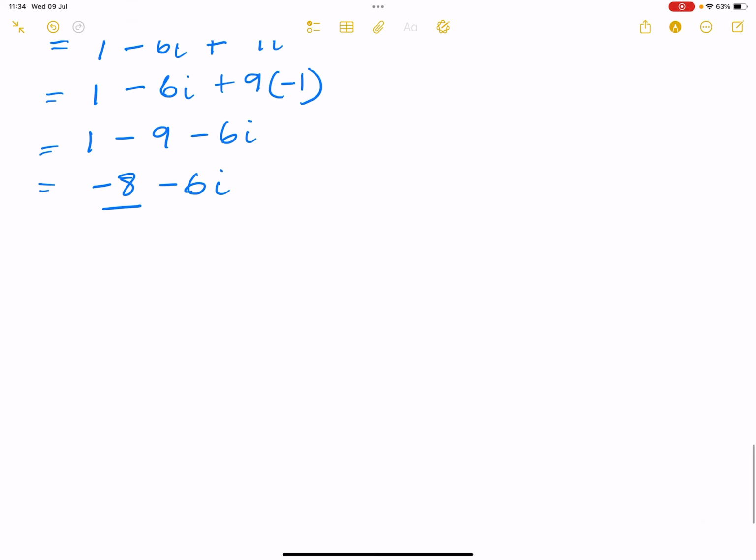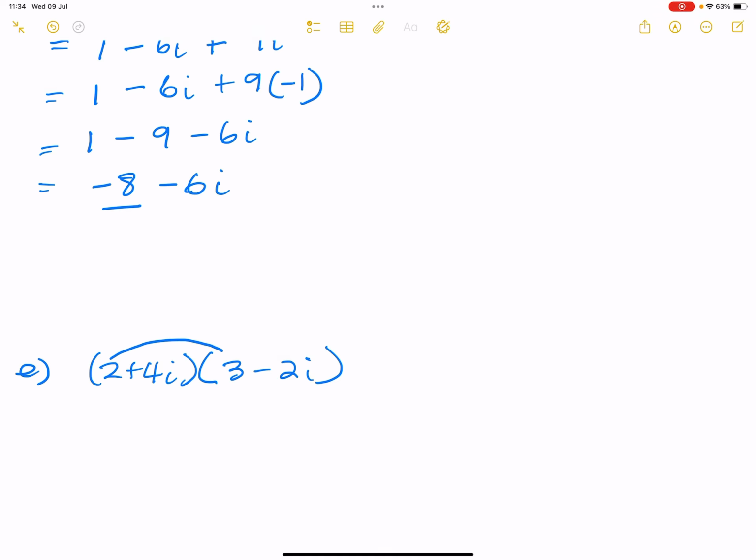And finally, ladies and gents, before I give you the work that I'd like for you to do, okay, let's go for it. We've got 2 plus 4i and you've got 3 minus 2i. Now, in this case, there's no hack. We just have to do everything in full, right?